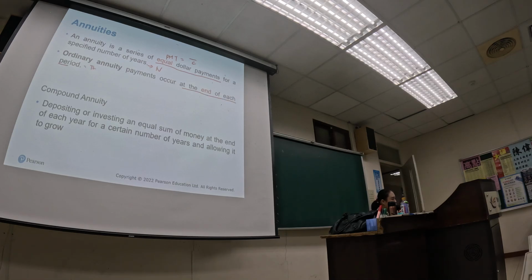So that means the first payment happens at the end of first period. If you draw a timeline, 1, 2, 3, n minus 1, n. It will start at 1, and then it lasts until the end.